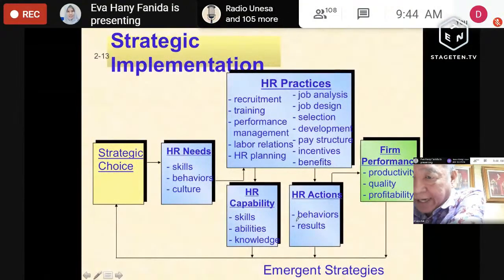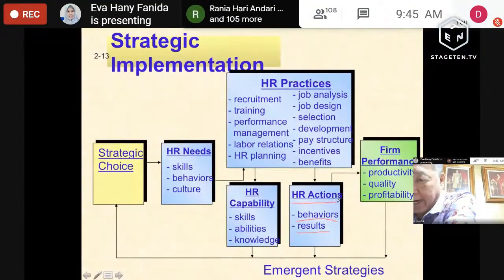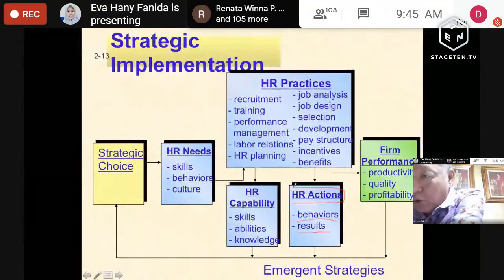So behavior and results are the action that comes from individuals and the whole of the employees. And HR action will lead to firm performance.